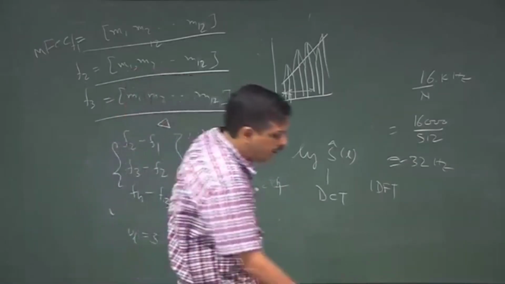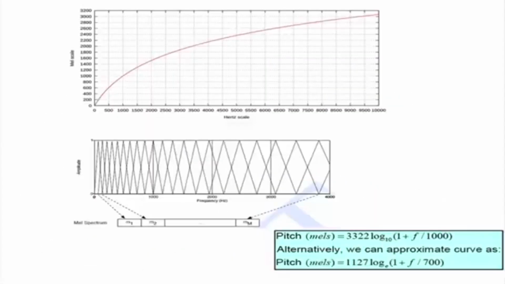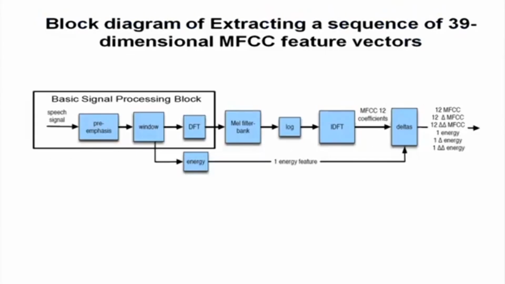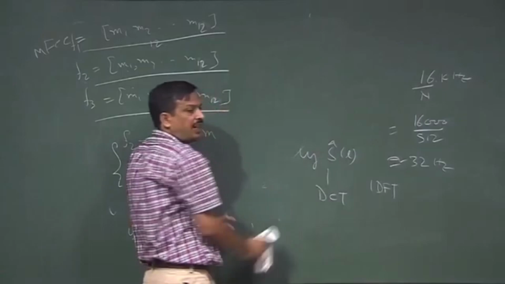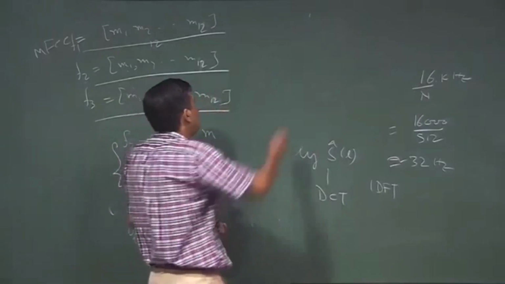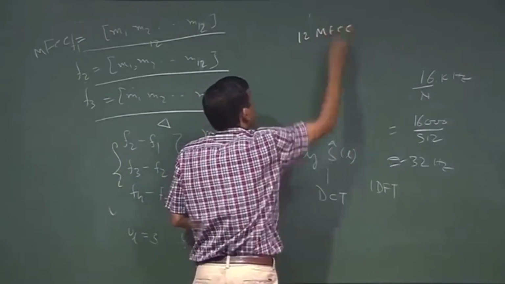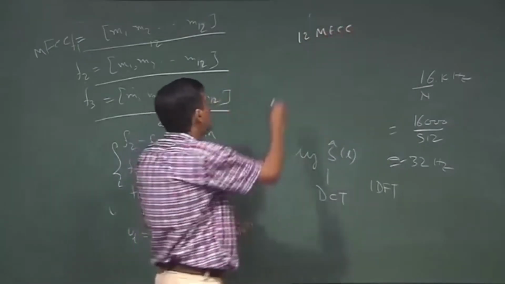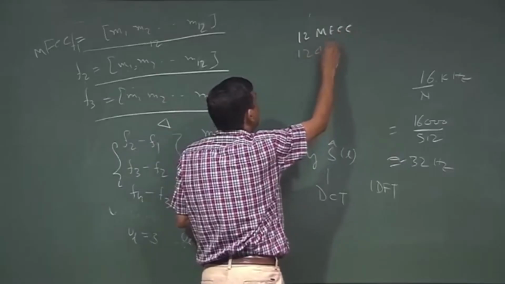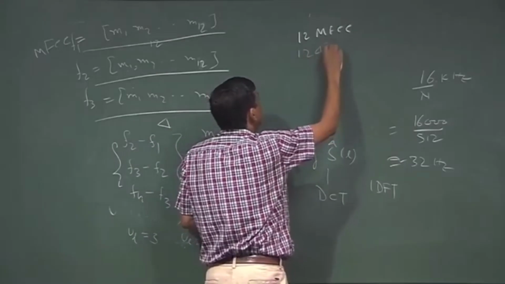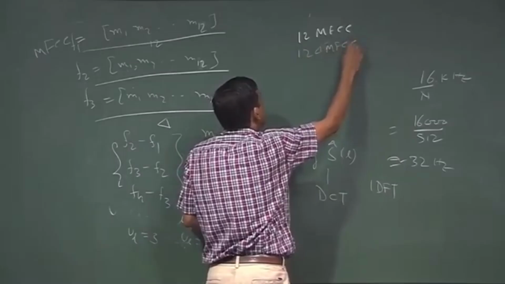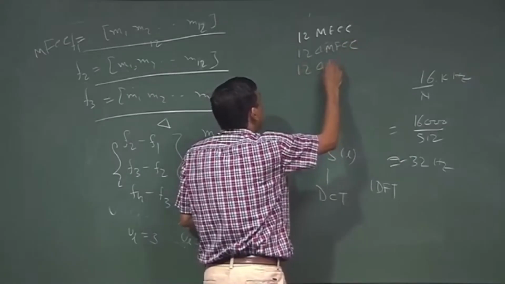Now, if you remember in the first slides, if I make the MFCC feature vectors, what I said, I take 12 MFCC parameters, then I can take 12 delta parameters, delta MFCC, then I can take 12 double delta MFCC.